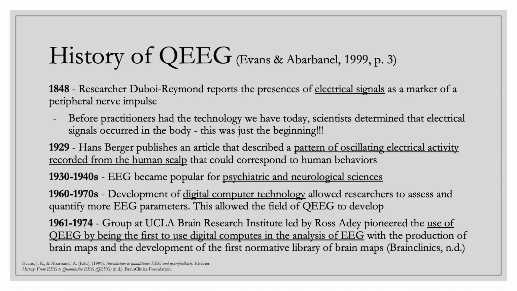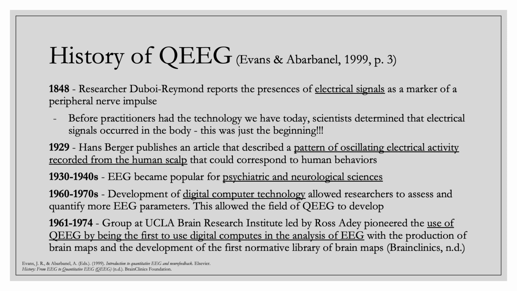That was the beginning of everything. Then in 1929, Hans Berger published an article describing patterns of oscillating electrical activity that can be measured at the scalp, and that this electrical activity corresponded to human behaviors. That was another huge step in the history of QEEG.